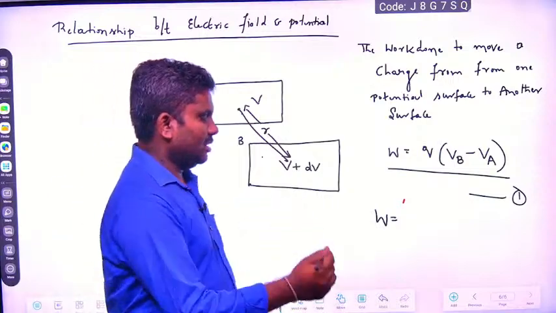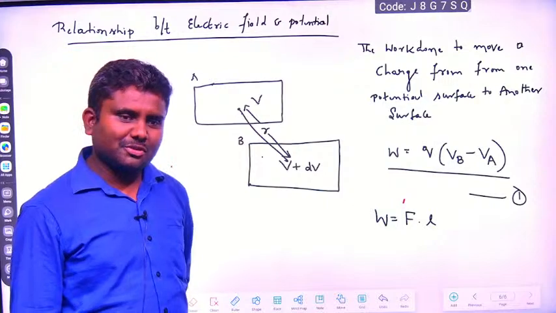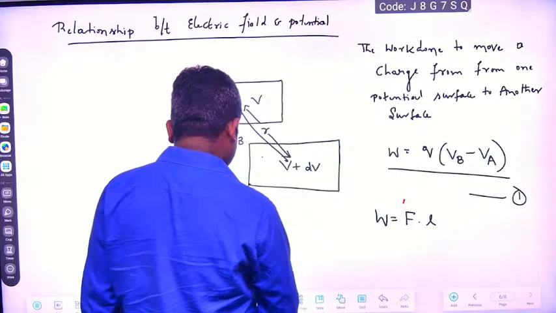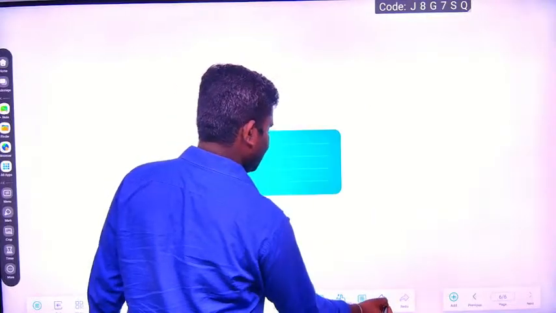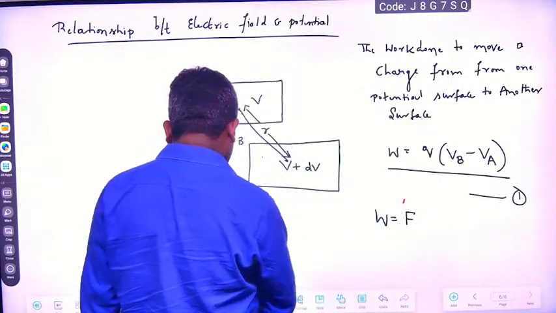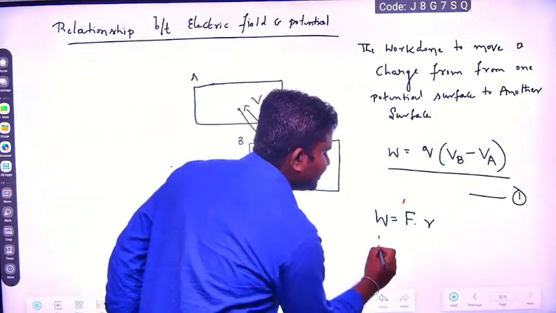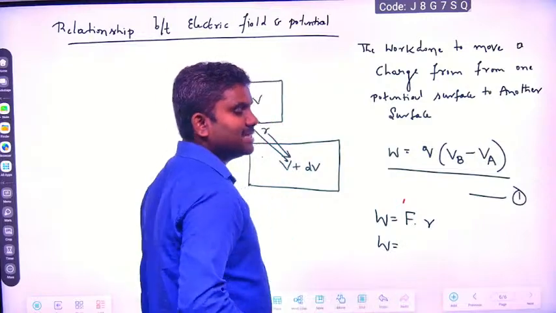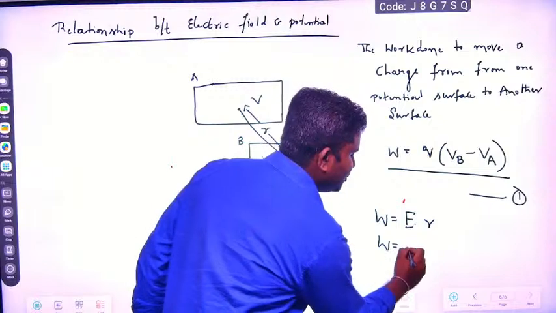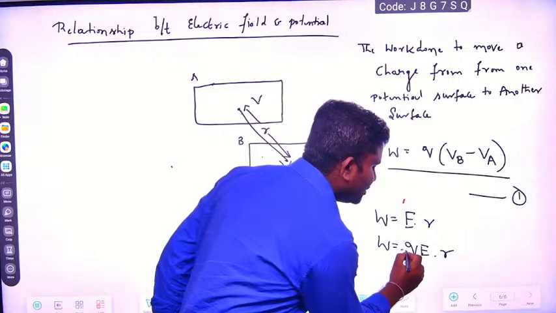Work done is force into displacement. I take the displacement as R, so W is F dot R. Force in terms of field is F equals QE, but the direction is opposite to the electric field, that's why it is negative.